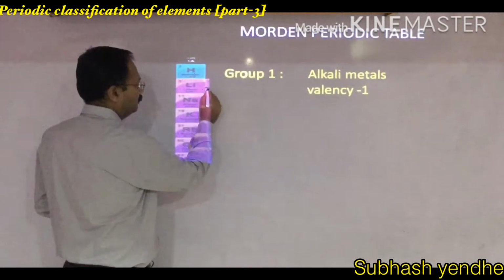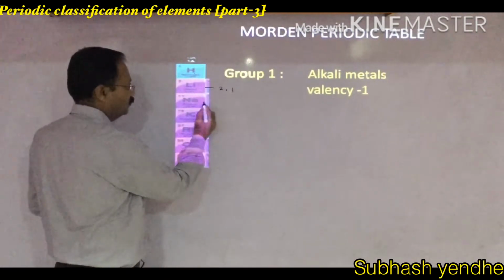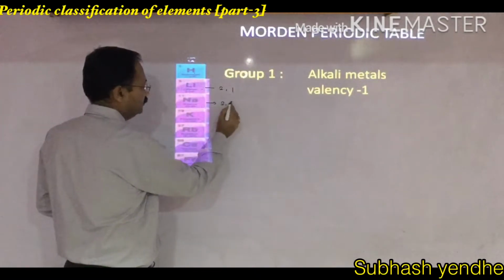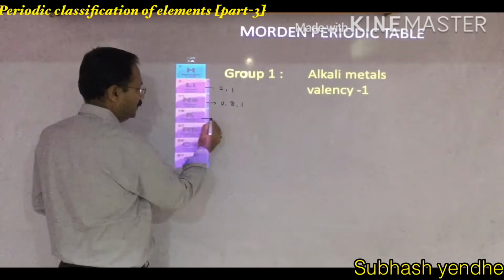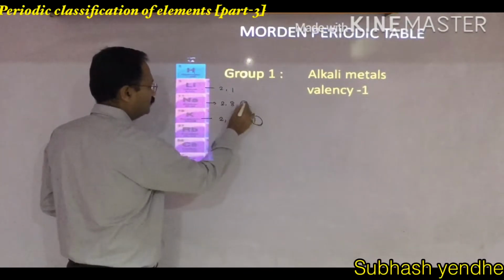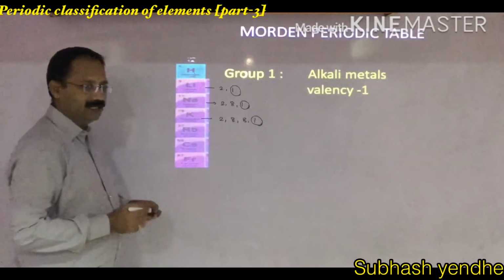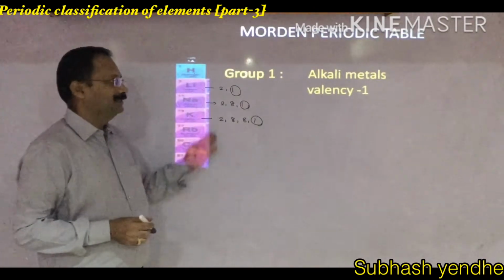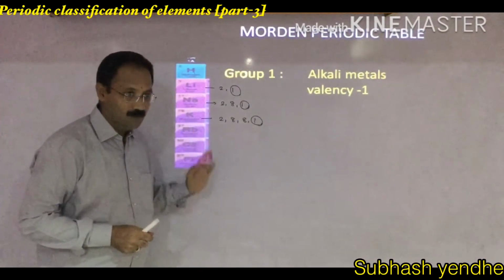Lithium has electronic configuration 2, 1. Sodium, its electronic configuration is 2, 8, 1. Potassium, it is 2, 8, 8, 1. See, in the outermost shell there is 1 electron. Therefore, their valency is 1.